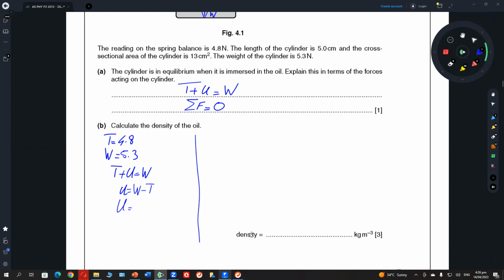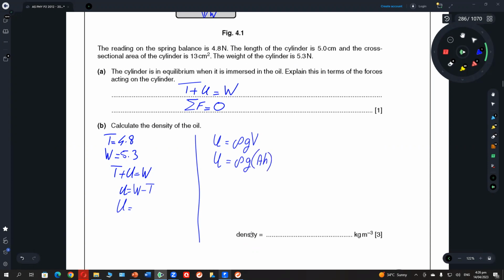Can't we use the density is equal to mass over volume formula for this one? No, but he's asking for the density of the oil, not the density of the cylinder. So that's why you have to use this formula, the upthrust formula, which is specially designed for the density of the liquid.